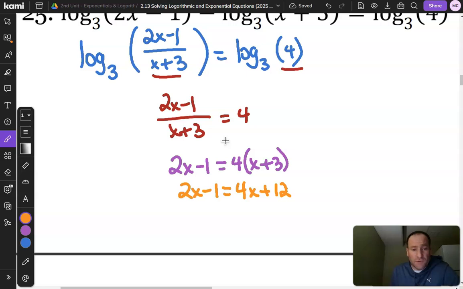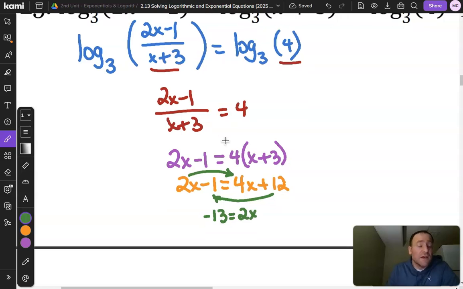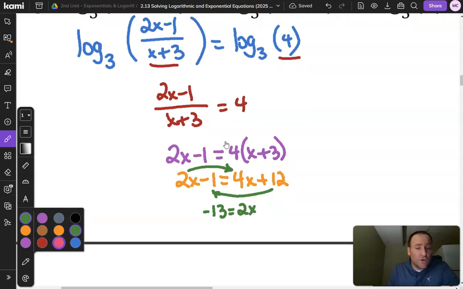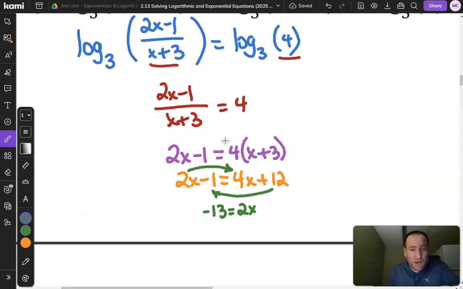That did not change colors for me. Many apologies. I am bad at this. So we got that, and I'm going to bring that over there. I'm going to subtract 2x on both sides. I will also subtract 12 on both sides. So we get that, which means our unknown value x is going to equal -13 halves or -6.5.